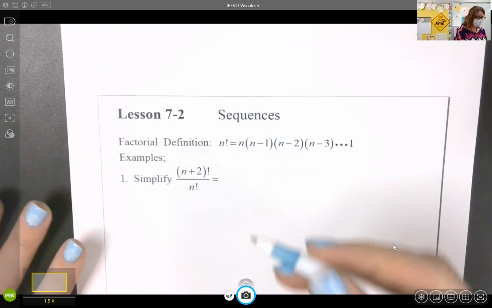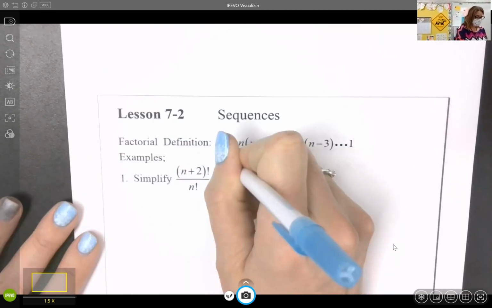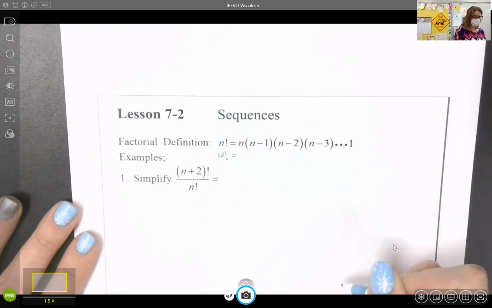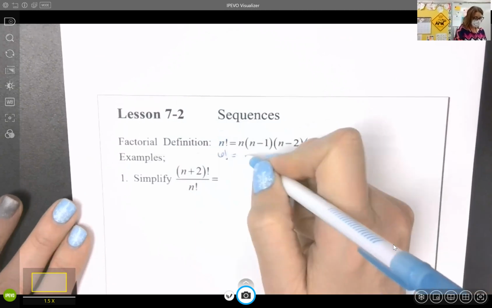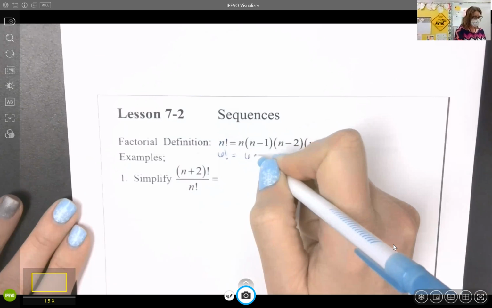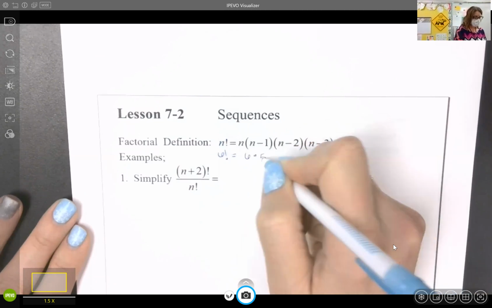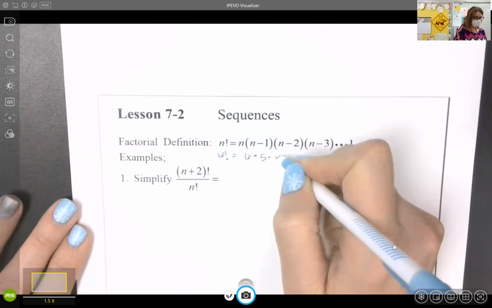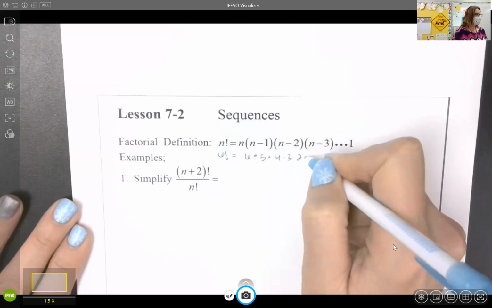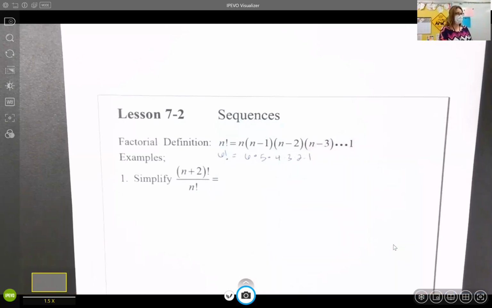So what if my number was 6? So if I were doing 6 factorial, the first thing I would write would be a 6, and then 6 minus 1 is 5, 6 minus 2, 3, 2, 1, okay? So all it means is you start with the number and you subtract 1 and you go down. You multiply those all together.